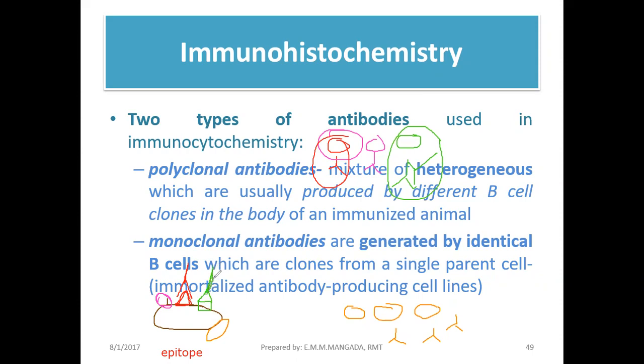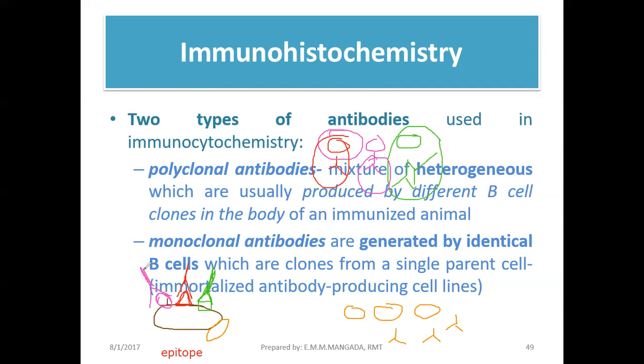So, the green antibody will bind the green antigen. Ibig sabihin, si green antibody ay anti-green epitope antibody. Nakuha? And then, we also have here si pink. Si pink antibody, it is anti-pink antibody. So, it will bind the pink.